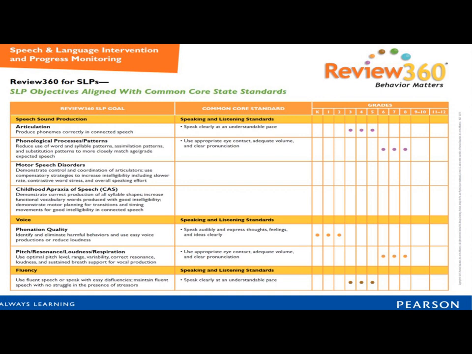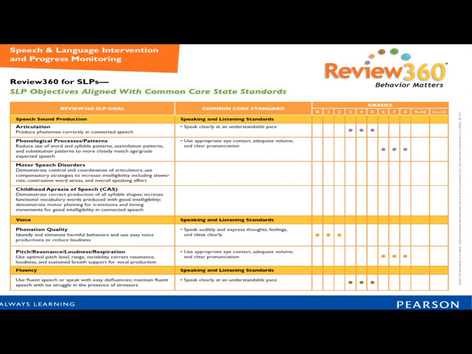Review360 for SLPs contains specific and overt ties to grade level standards in speech, sound production, voice, and fluency, as you can see on this slide. In the area of articulation, the expectation is that students speak clearly at an understandable pace and use appropriate eye contact, adequate volume, and clear pronunciation.